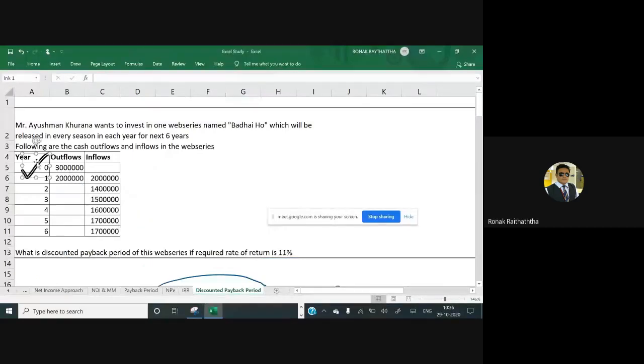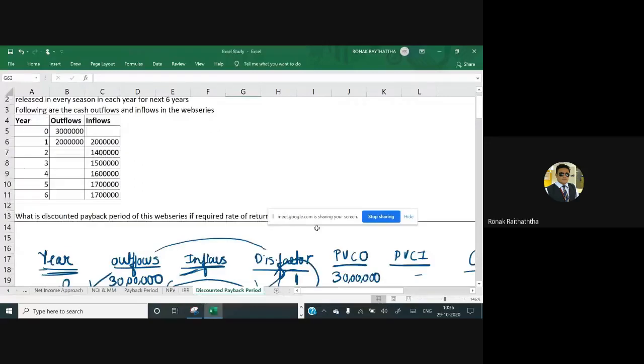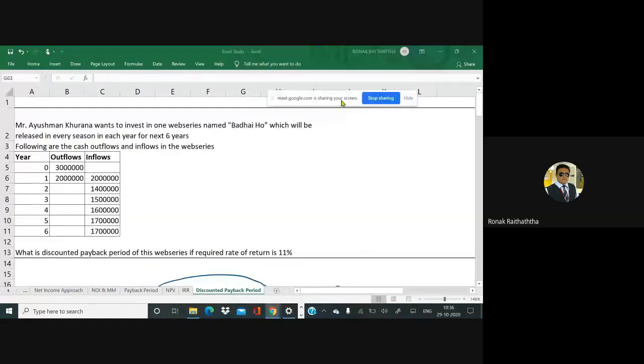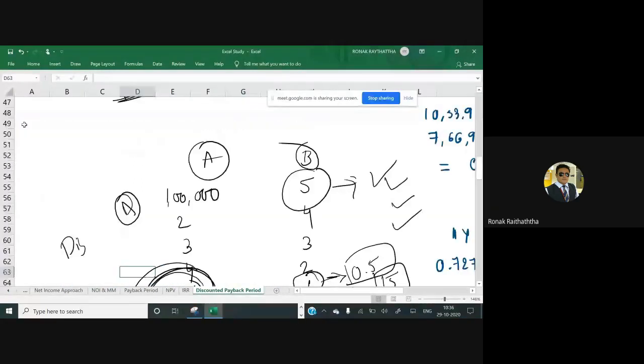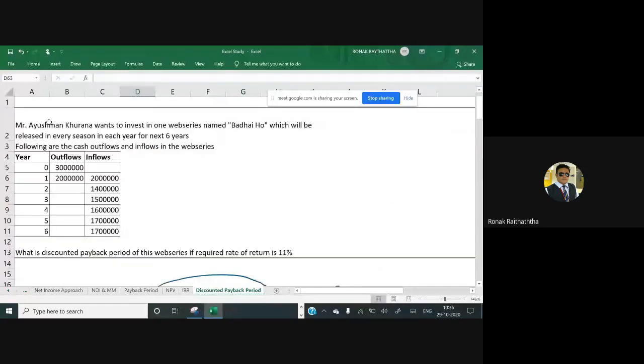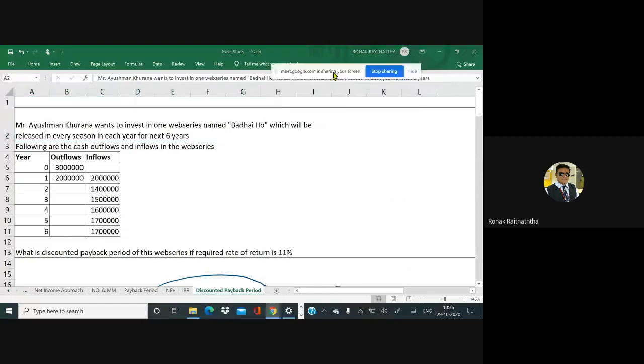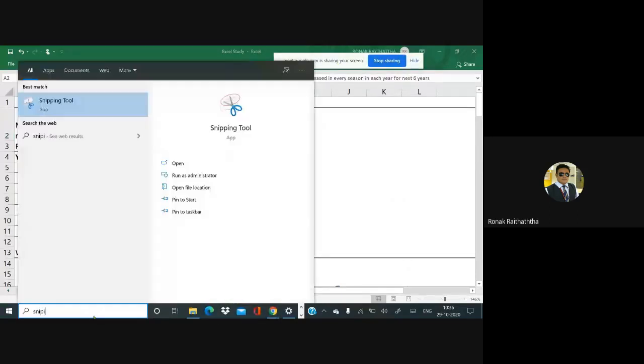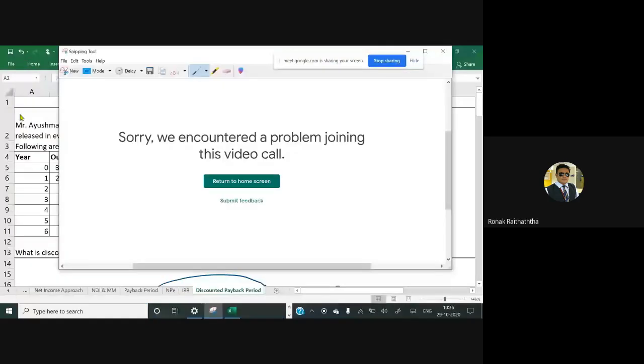Okay, so for your reference, I'm taking it somewhere else so that you do not get confused much. You may keep your book and pen open.